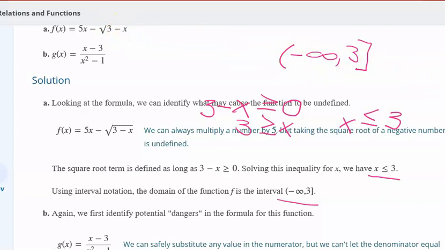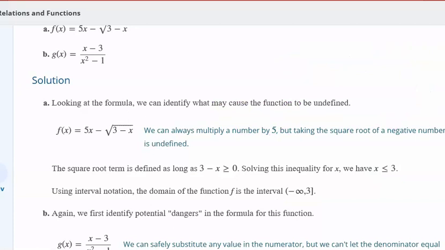All right, let's go on to the last one now. And I'll clear this up. And here in our denominator, we have x squared minus 1. And if we equate that to 0, this actually factors, because these are conjugates here.